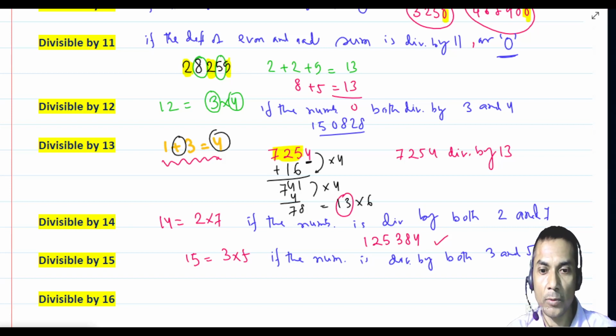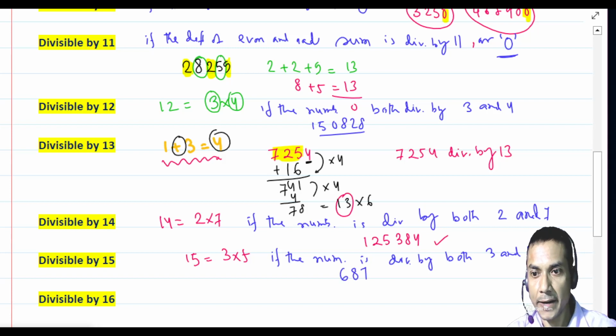I give you one example, you practice it at home: 7589 into 15 is equal to 66870.